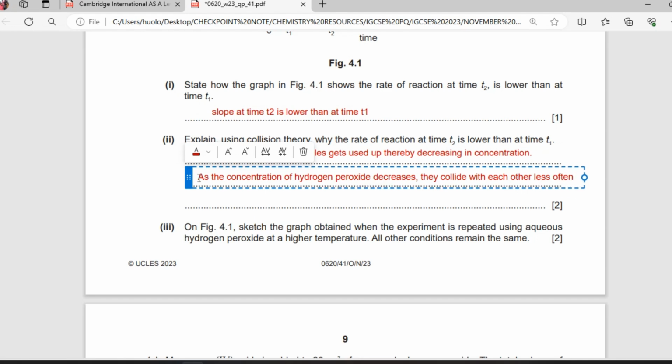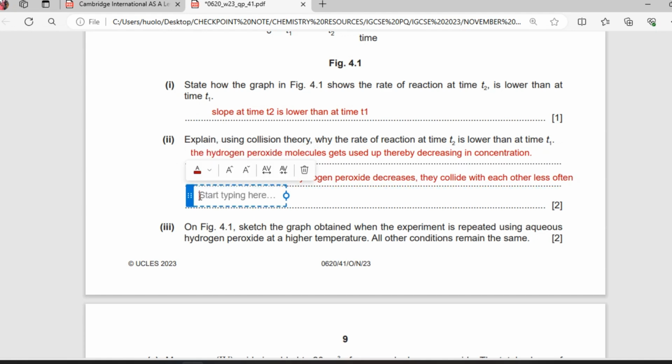Okay, they collide with each other less often, decreasing the rate of reaction.